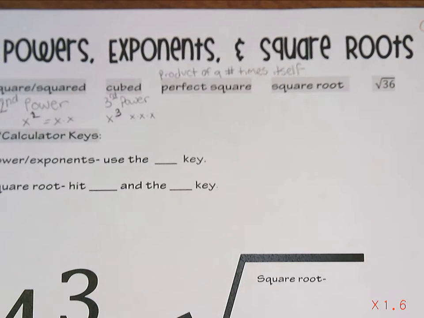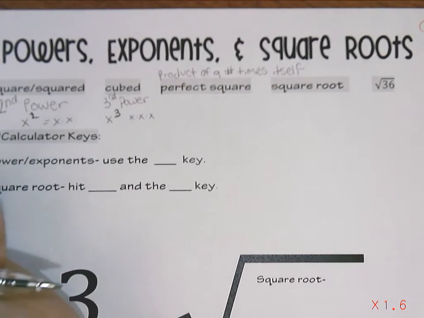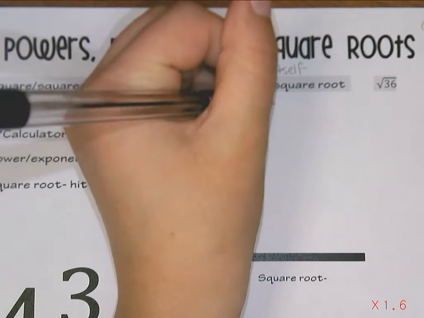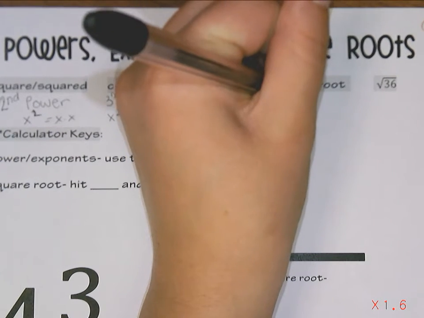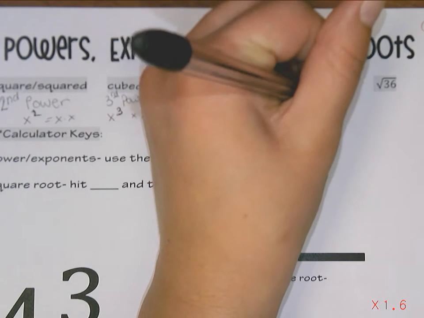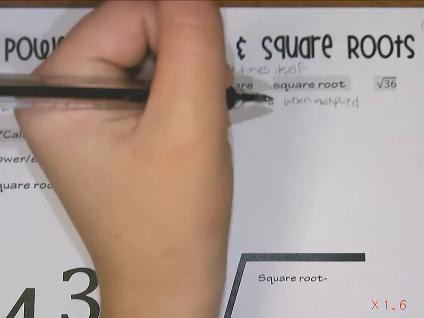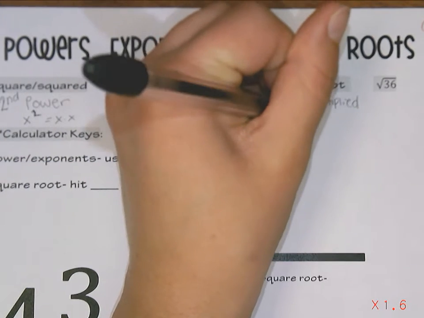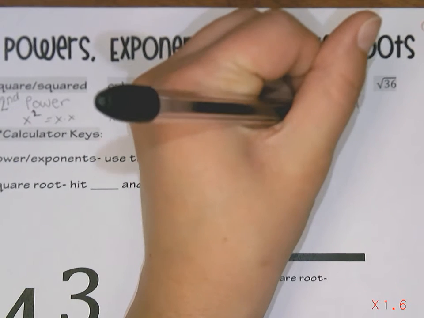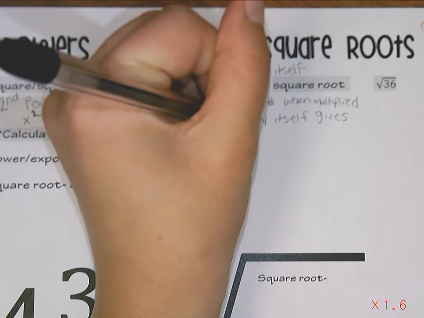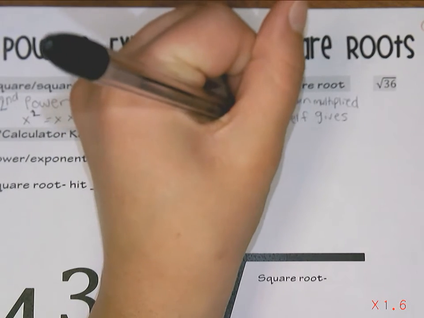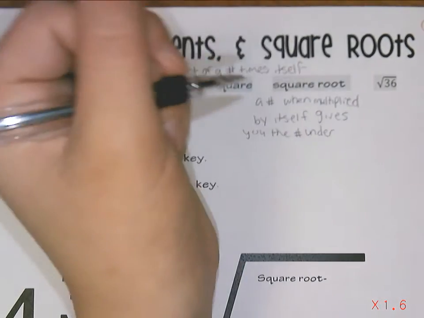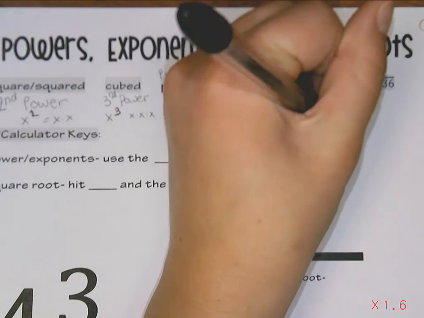which is really similar to square root, because the square root is a number when multiplied by itself gives you the number under the square root sign.